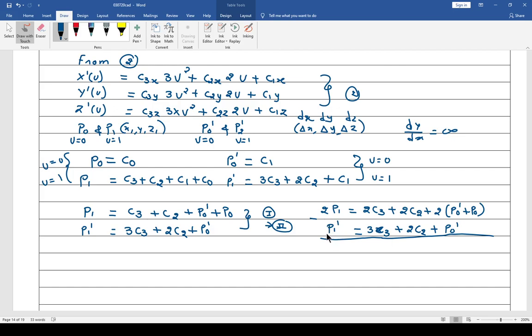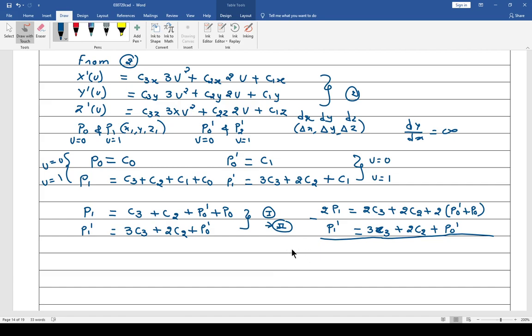Let's subtract the first equation from the second one.